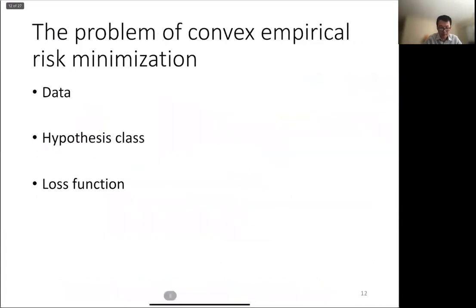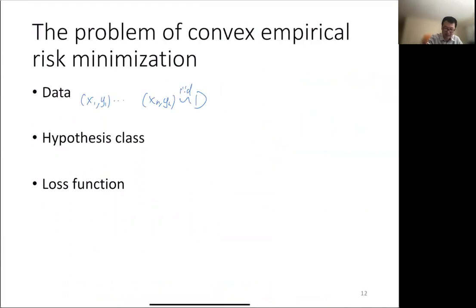Now, let's formally define the problem of convex empirical risk minimization. So we'll go over what is a data set, what is a hypothesis class, and what is our restriction on the loss function again. So the data is again, say (x1, y1) to (xn, yn), drawn from some unknown distribution.